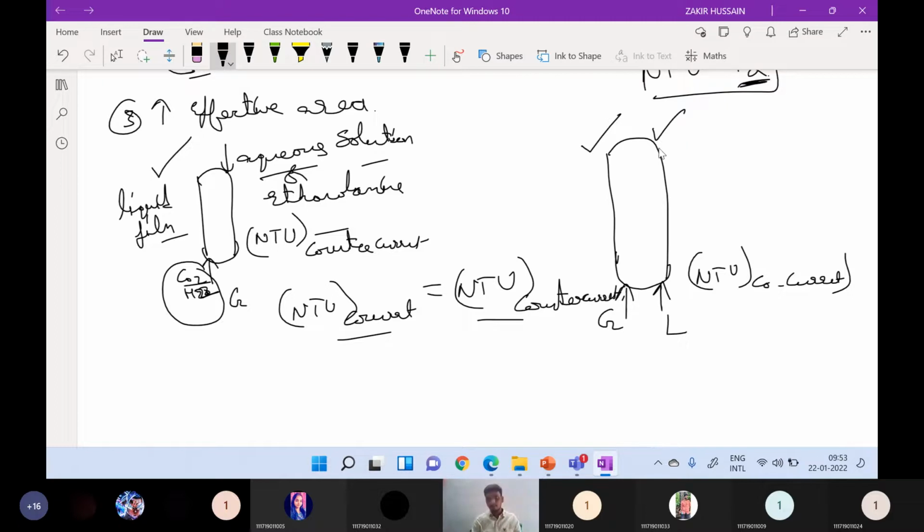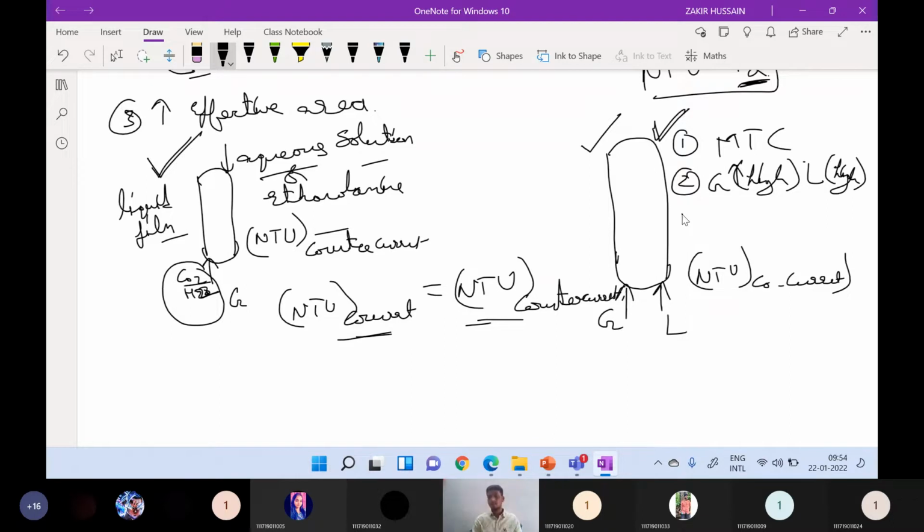So using co-current rather than counter current, the NTU will not change, but we can maintain high gas flow rate as well as high liquid flow rate compared to the normal conditions.